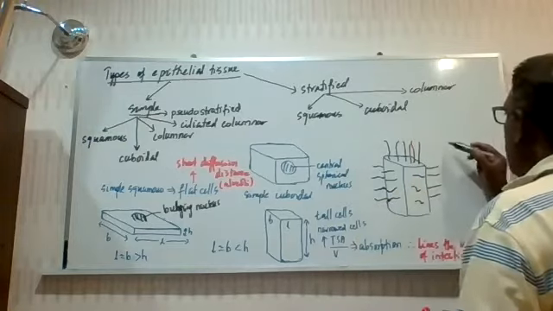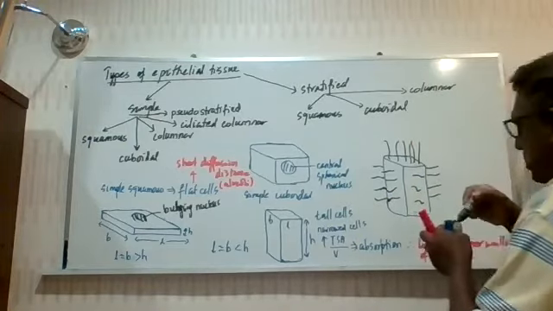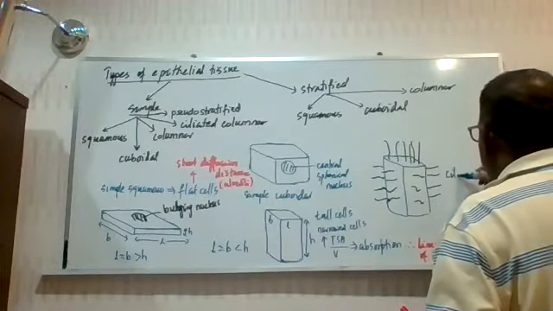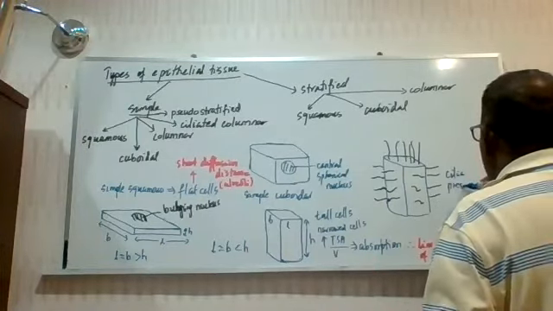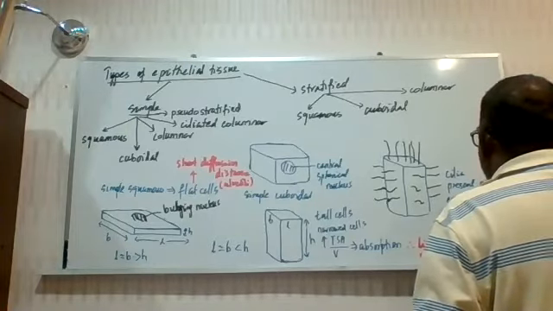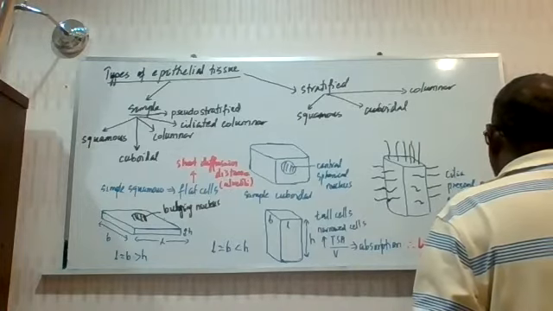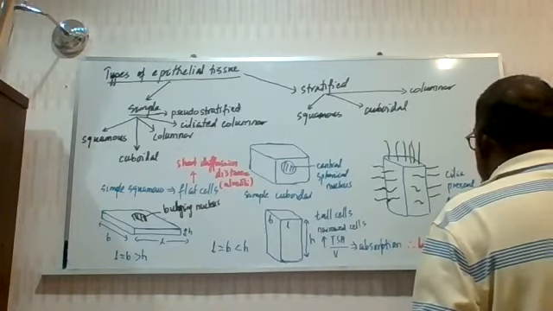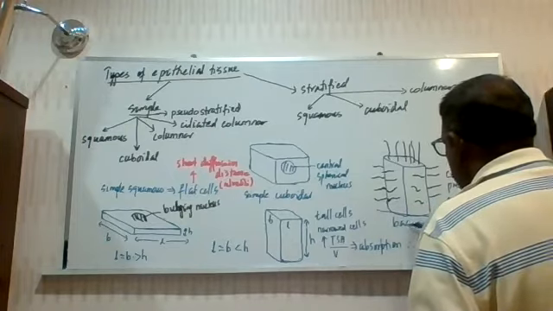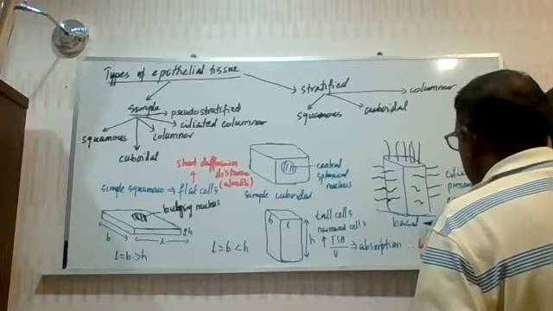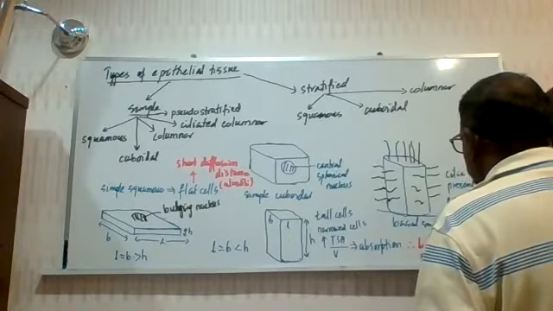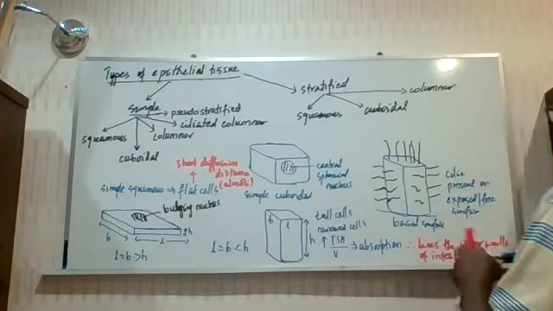These are called exposed or free surfaces. Cilia are present on exposed or free surfaces. This is the basal surface, which is not free, so no cilia are present there.